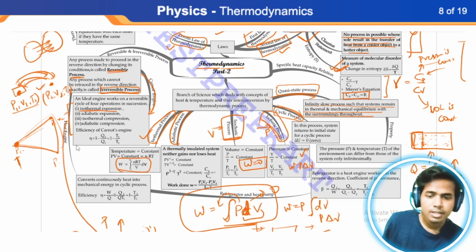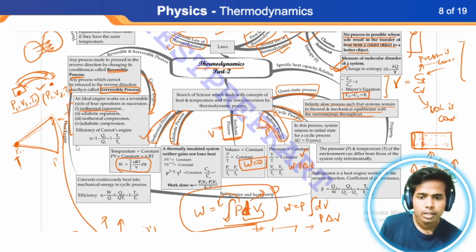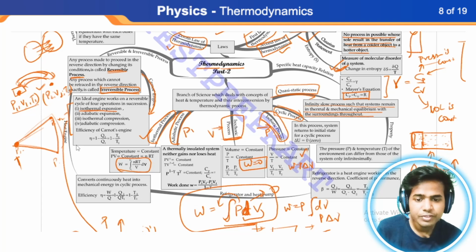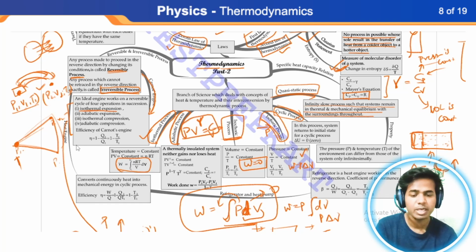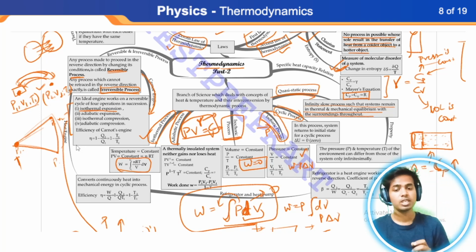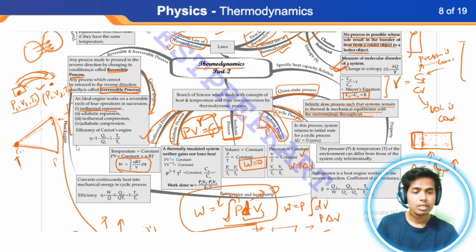And there is this adiabatic process in which the temperature also varies, but there is this thing, PV to the raised power of gamma, which must be equal to constant. This is the basic law for the adiabatic process. Gamma is the ratio of the specific heat capacity at constant pressure divided by the specific heat capacity at constant volume.